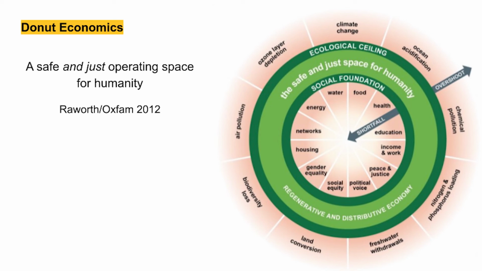And at the same time, we want to be able to address all of those areas positively without crossing an ecological ceiling that leads to climate change, ocean acidification, pollution, et cetera. So this blends that planetary boundaries model with insights about our social and economic needs as well.